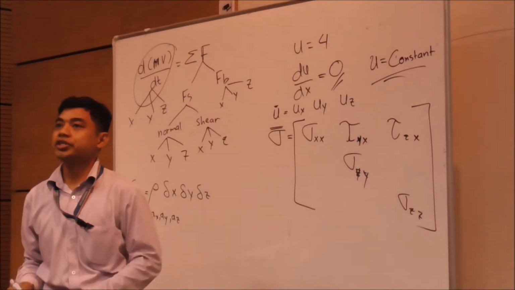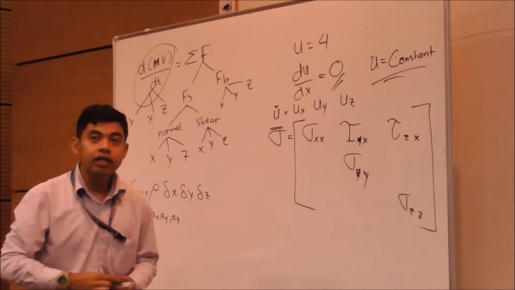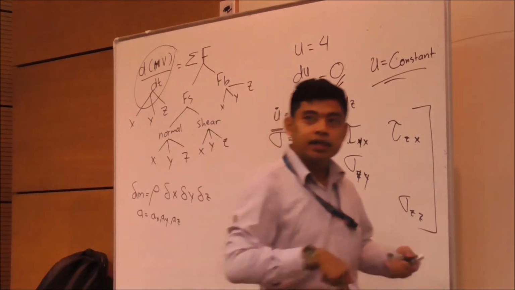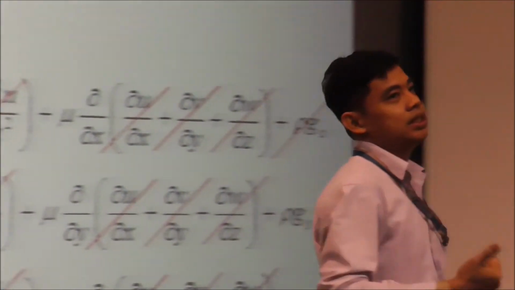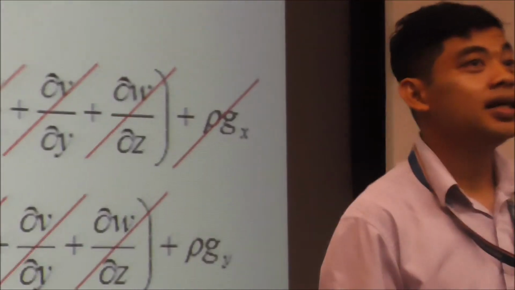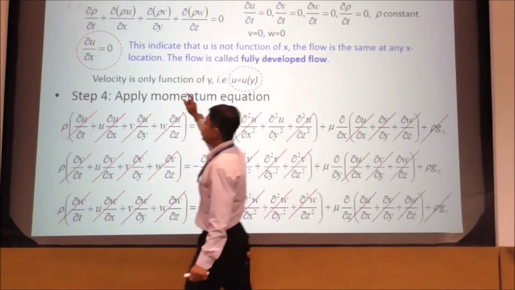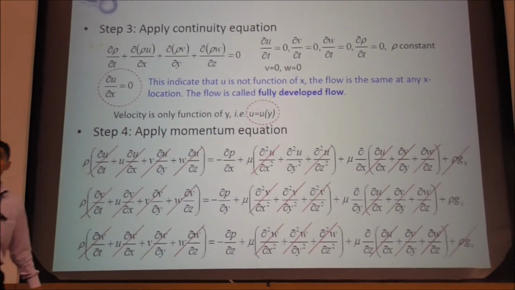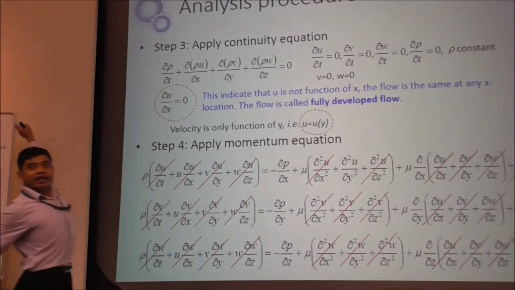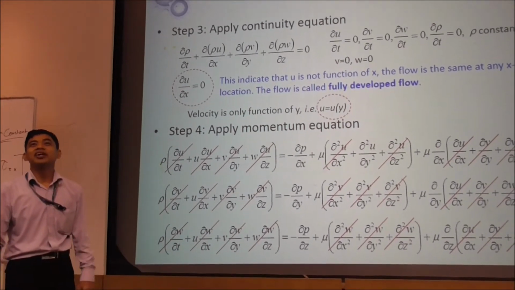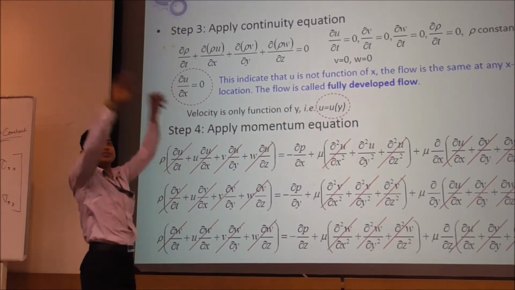It means it is not a function of x, which means if I am a particle of fluid, my velocity in the x direction will always be constant. Clear? Yes, sir. Now, which means u is only a function of y. Right? The only difference is those.